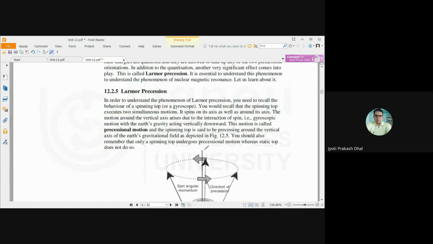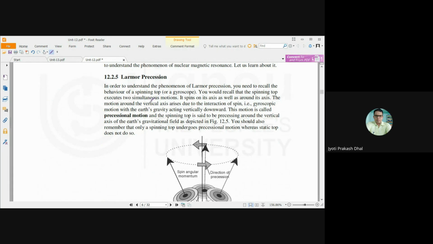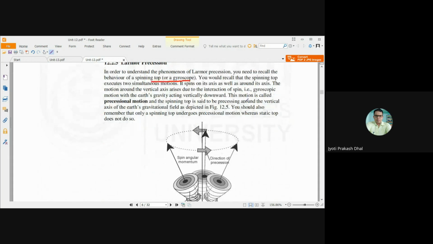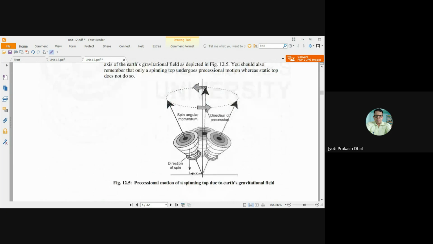Now coming to the Larmor precession. In order to understand the phenomenon of Larmor precession, you should recall the behavior of a spinning top, that is a gyroscope. You know that the spinning top executes two simultaneous motions. So this is the diagram of a spinning top.